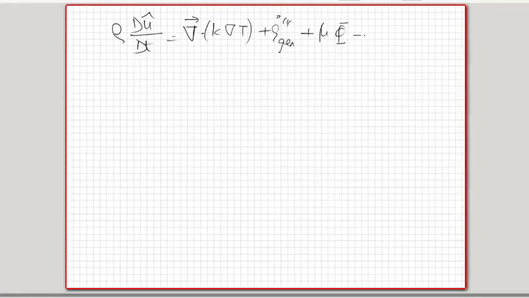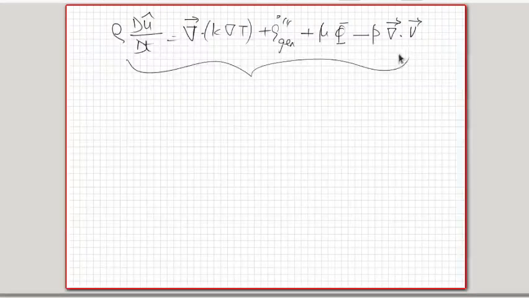So you get the energy equation finally as rho du by dt is equal to del dot k del t plus q dot generation triple prime plus mu phi minus p into del dot v. So this is finally your energy equation.